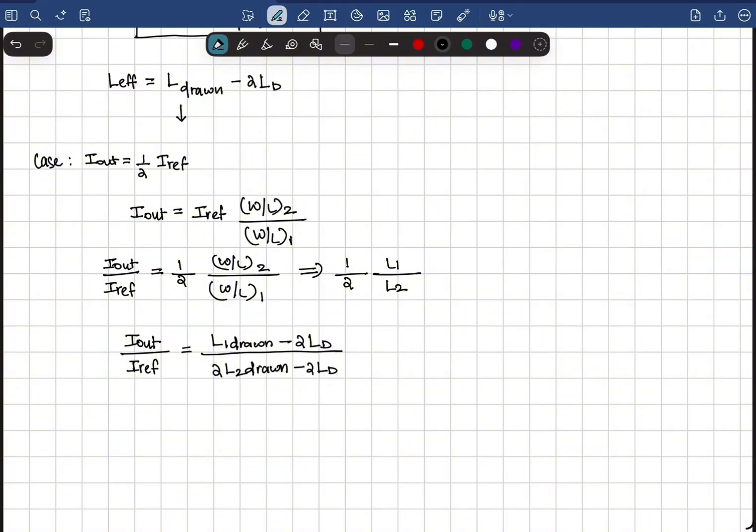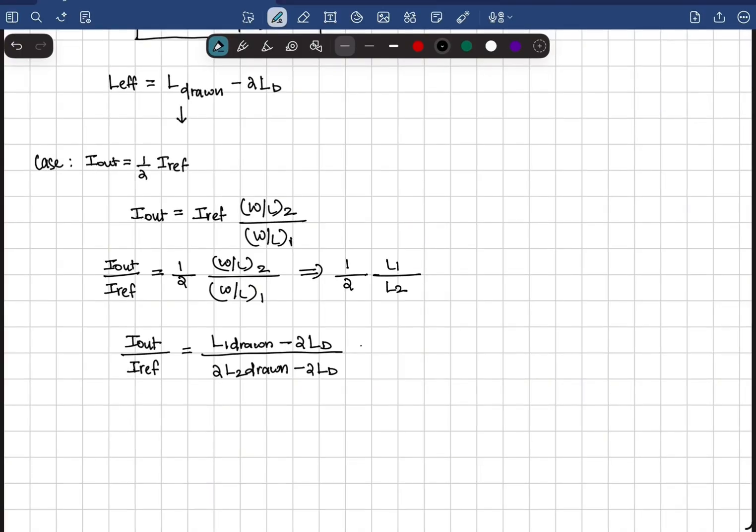And you can clearly see that the length is not actually doubled as per our requirement. This is not equal to L1 divided by twice L2. This is why we keep the length of the MOSFETs constant and we manipulate the current by changing the width of the MOSFET.